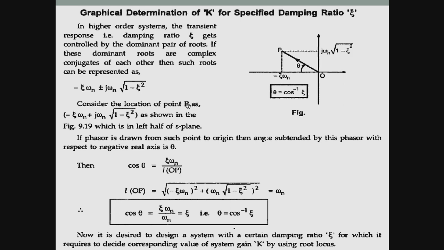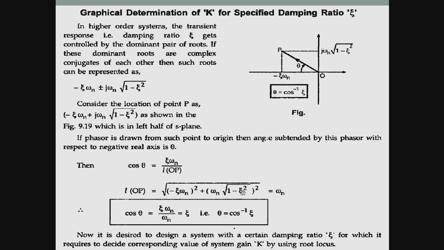So if I try to take its OP value, that is, if I just want to calculate its theta, so cos theta is equal to what? It's adjacent by hypotenuse, so it is minus zeta omega n divided by the length of this OP. So we have the length of OP equal to what? Square root of these both.